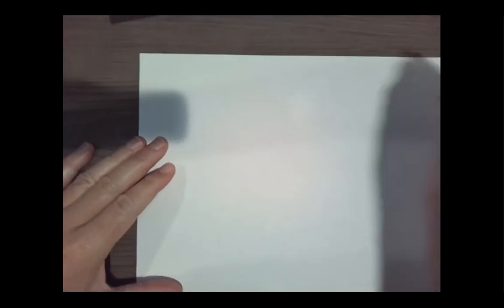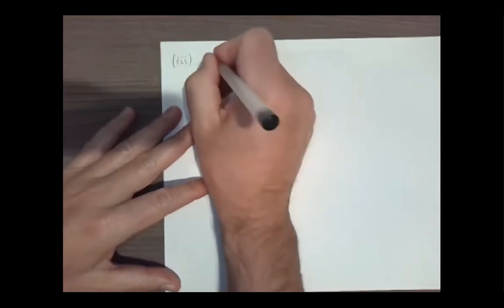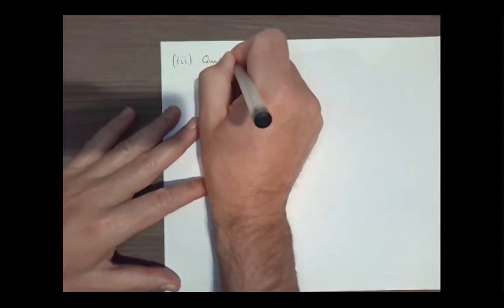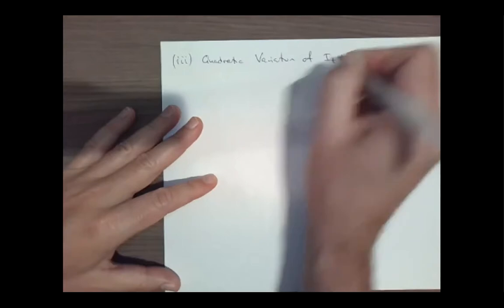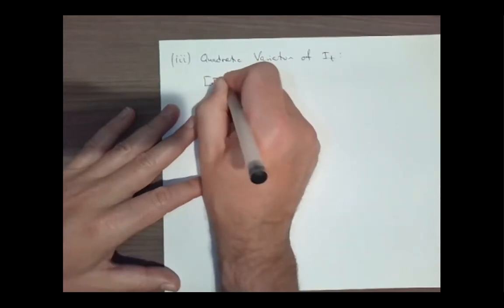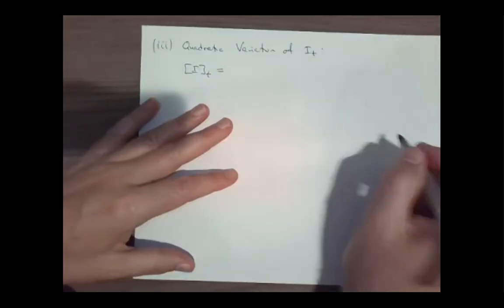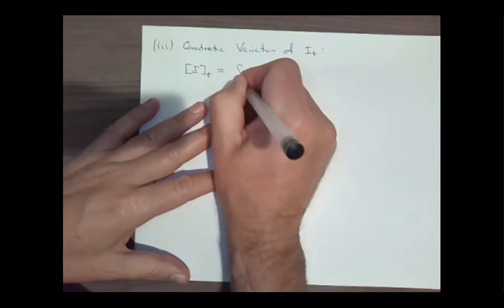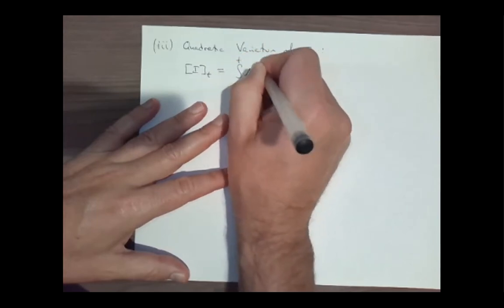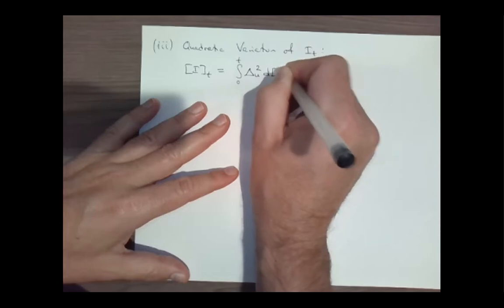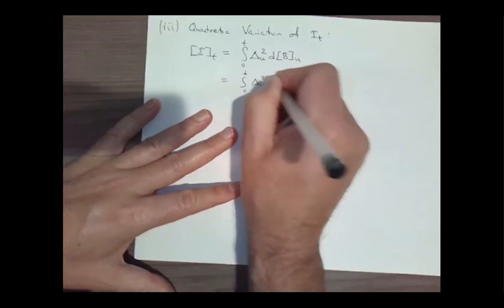So this was property 1, 2, and the last one is the quadratic variation of I, that's going to be equal to the integral from 0 to t of delta u squared du, and the quadratic variation of b is equal to the integral from 0 to t of du.